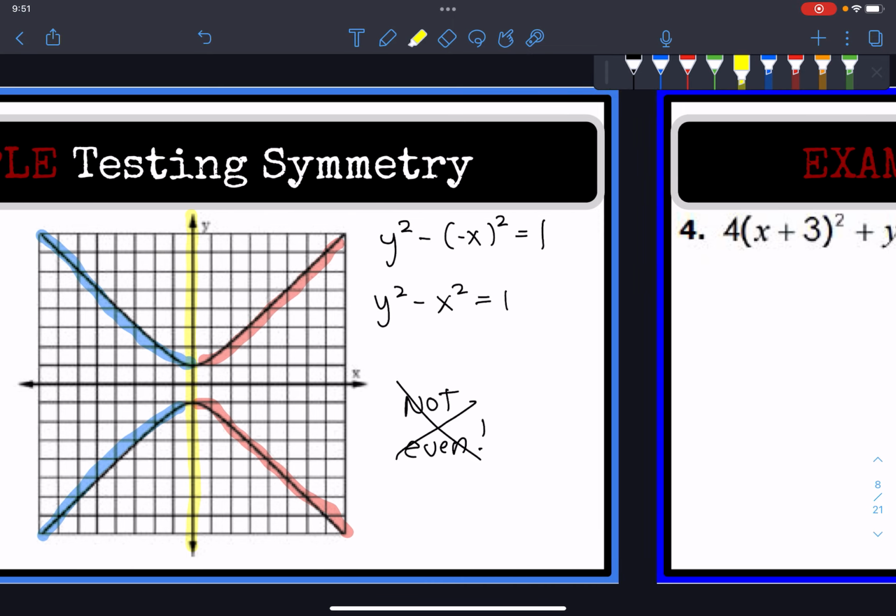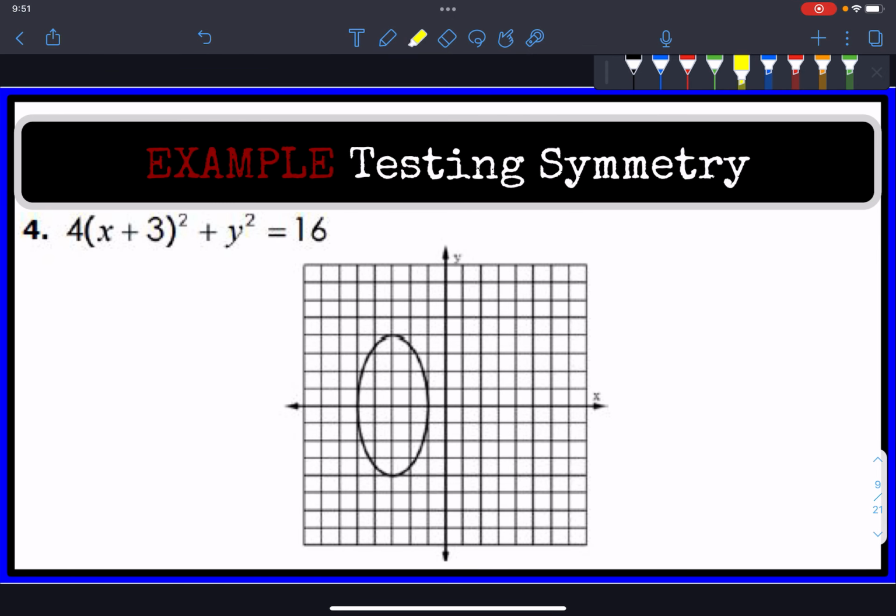Let's look at another example. See how this example has only an x-type symmetry. The top part of the graph matches perfectly with the bottom part of the graph. We can verify this algebraically by replacing the y value with a negative y.